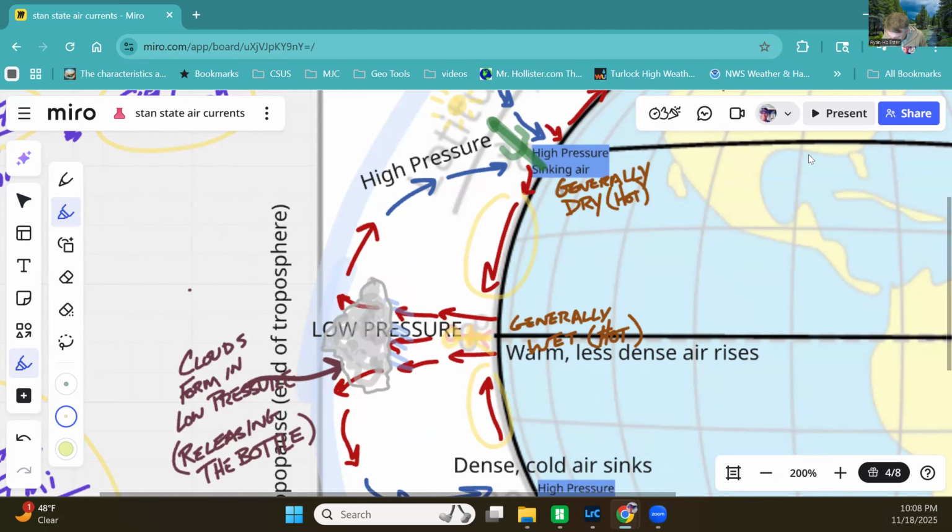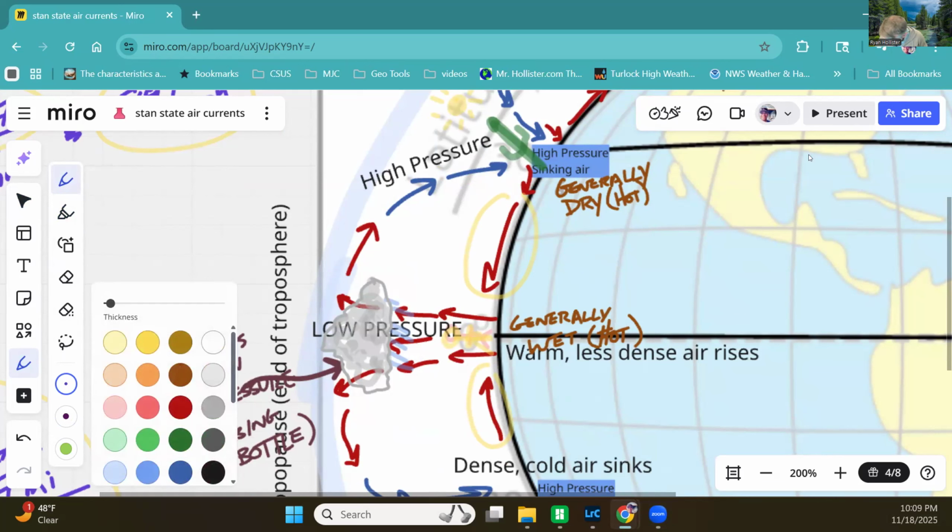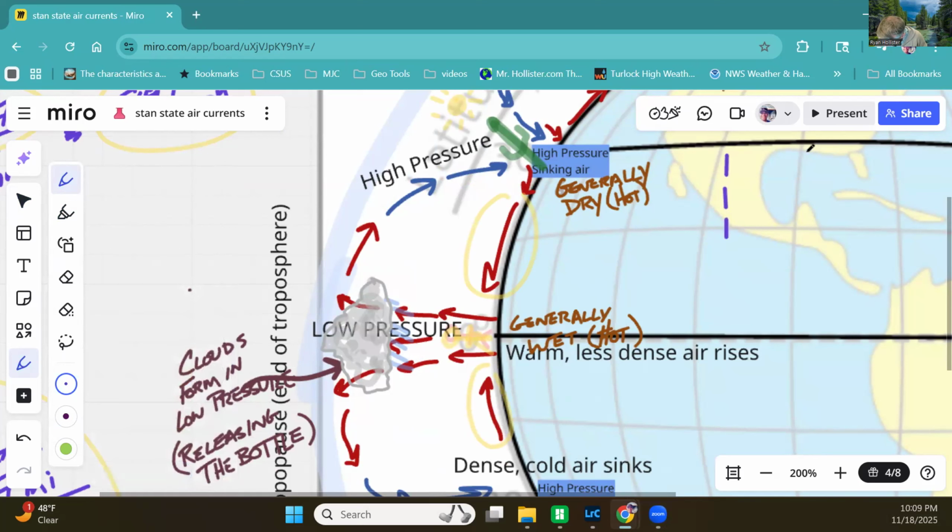So what ends up happening is, if we were to draw this like from an airplane view looking down, the air on a non-spinning Earth, let me get my red here, is trying to come to the equator like so. And I can say the same thing on the opposite side as well.